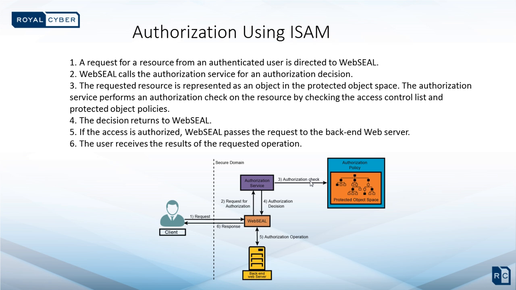So ISAM evaluates policy for this resource and grants access to the resource if the user belongs to an authorized group or not. So access control can be managed with ISAM by identifying resources to be protected and then configuring policy to allow access to groups of users that require access to those resources.